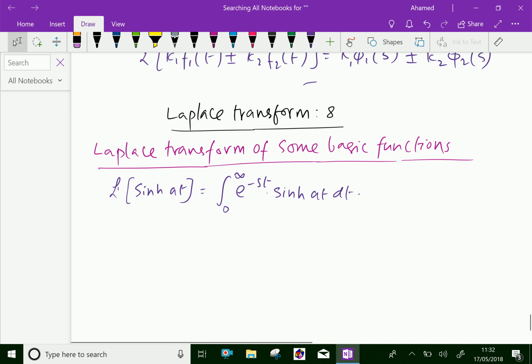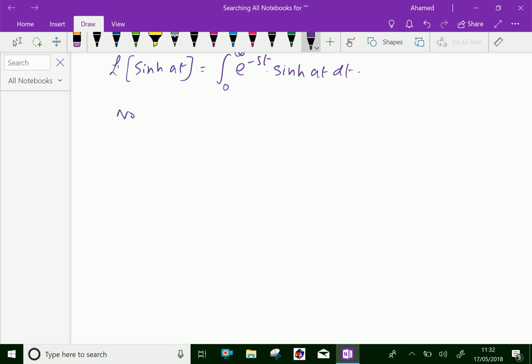Now, let us start with the Laplace transform of sinh at, which is the Laplace transform of, we can express the sine hyperbolic function as half of e power at minus e power minus at.